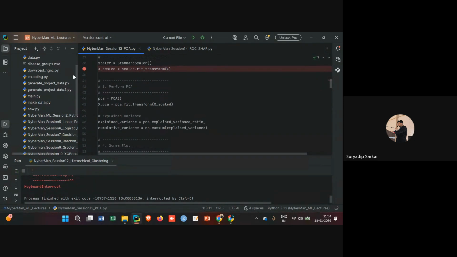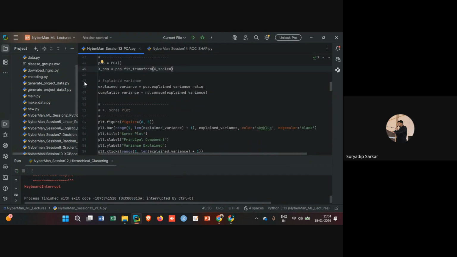I will put the breakpoint directly here, because here all we are doing is defining the PCA function. Then we are doing the fitting and the transformation on the scaled X to create the principal components. After that we are going to be calculating the explained variance, which can be calculated using the explained_variance_ratio_ attribute.